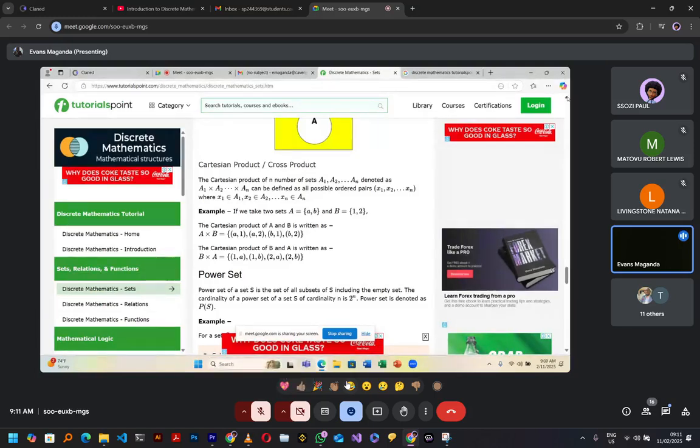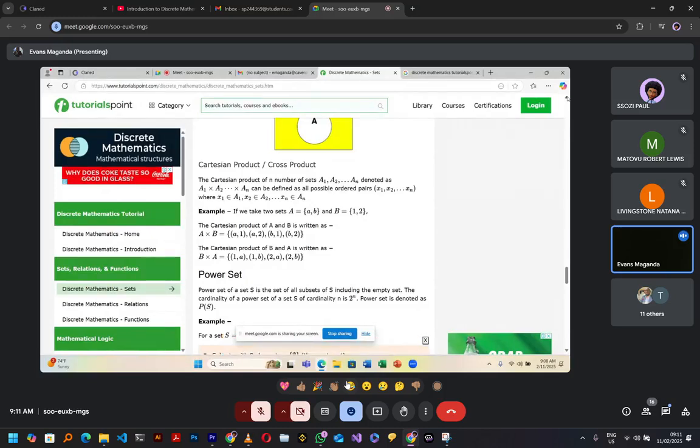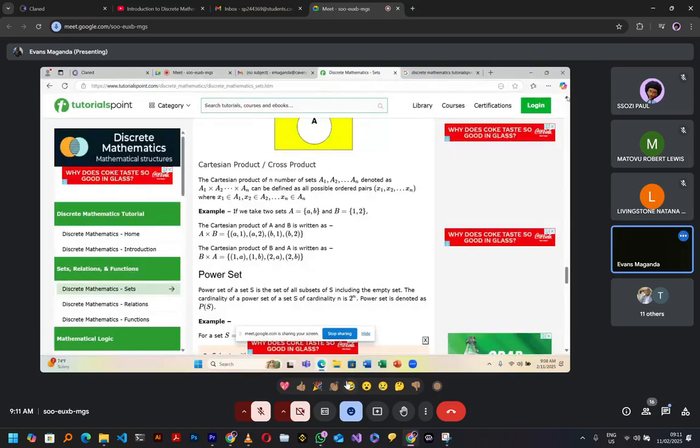But in the other set, you have the different price tags for those elements. 10 shillings, 5 shillings, 7. So when you create a Cartesian product, in mathematics, you can connect elements at different levels and extract a formula to demonstrate the relationship, as we are going to see later with relations and things of that kind.